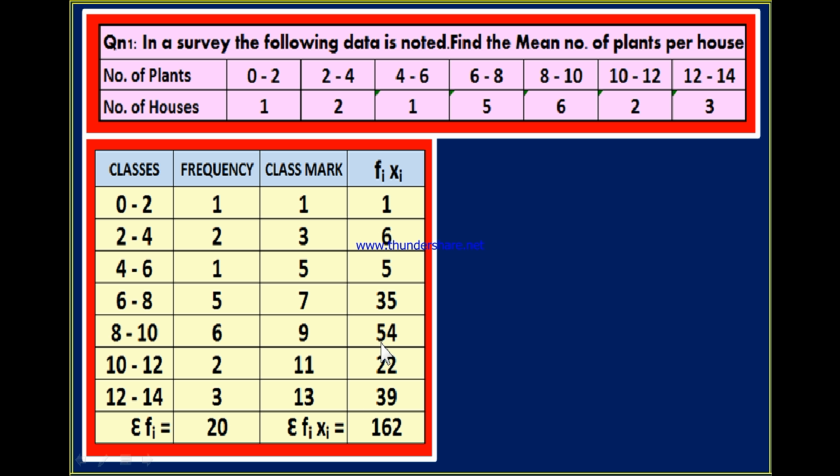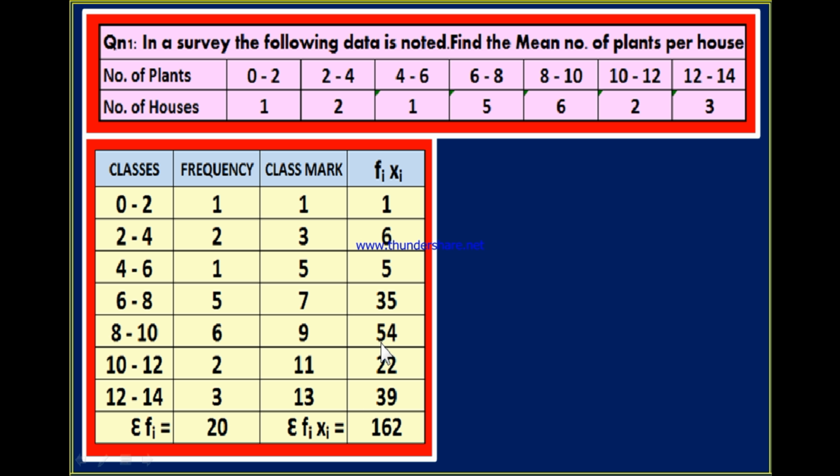Understood? Now, in the question we have been given classes and frequencies. The next column we took is class mark. Class mark is nothing but the average of the lower and upper boundaries of a particular class. After writing the class mark, the next column is for Fi Xi. F stands for frequency and X stands for class mark. You multiply the frequency with the corresponding class mark and write the value here.